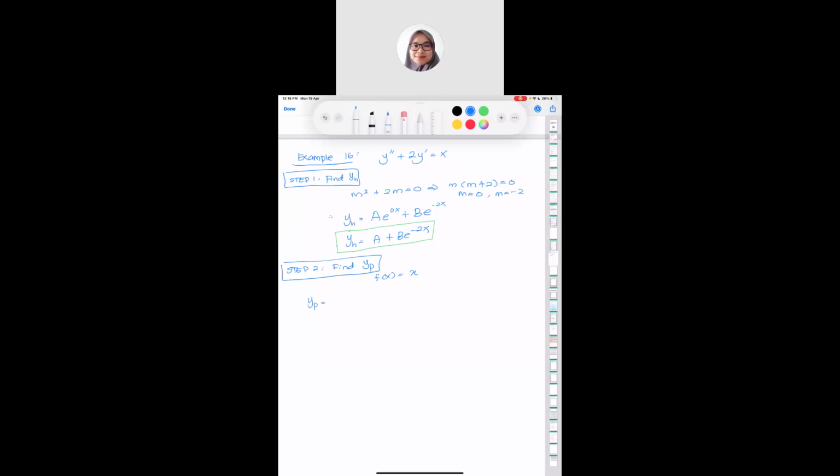Apa patut kita try untuk kita punya YP? Macam tak ada orang je kat sini. Okay, so you punya YP, okay, di X degree 1 terus saya tulis C1X plus C0. Okay, C1X plus C0. Then, jangan differentiate dulu, compare.